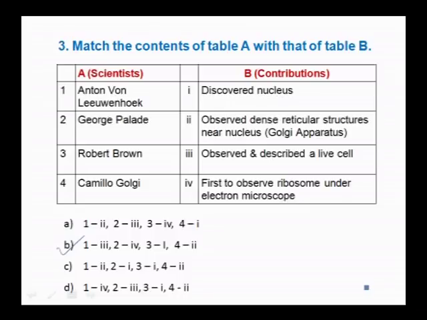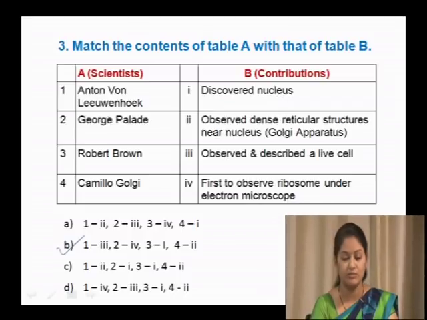Here comes the third question, that is to match the contents of the table. Table A indicates the names of the scientists and table B indicates the contributions of those scientists. So first comes Anton von Leeuwenhoek, second George Palade, third Robert Brown, and fourth Camillo Golgi.